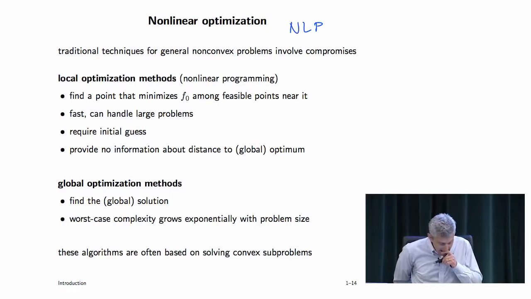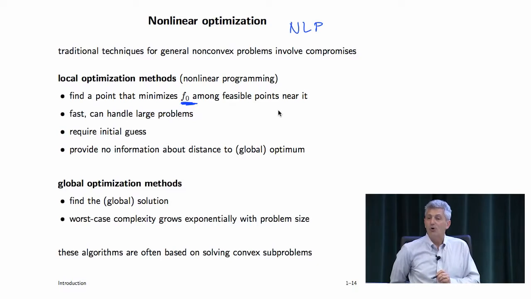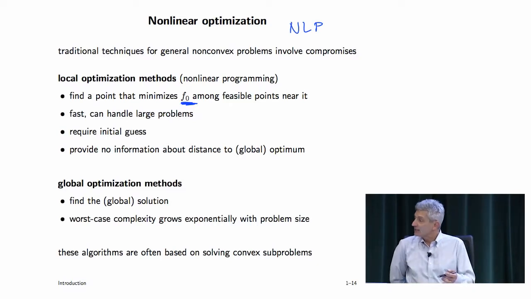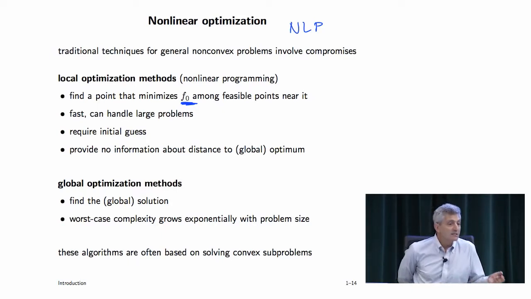So here, people use local optimization methods. The idea is, at the very least, you find a point that minimizes F0 among feasible points near it, right? If you come up with a circuit design, and they ask what's the power dissipation, you say it's 82 milliwatts, and they go, that's pretty good because last week it was 122.